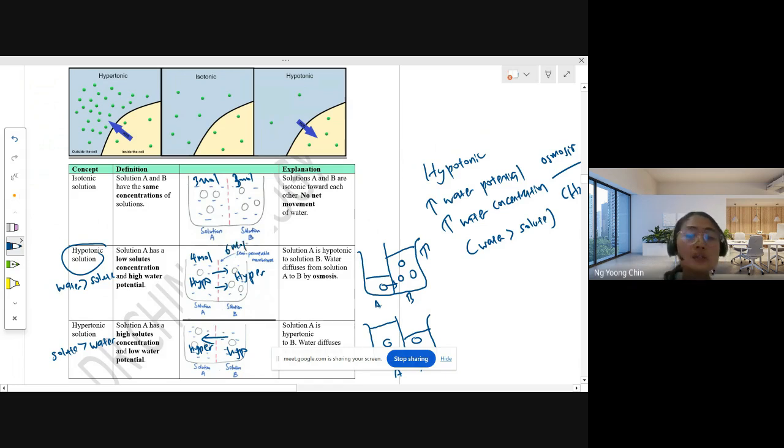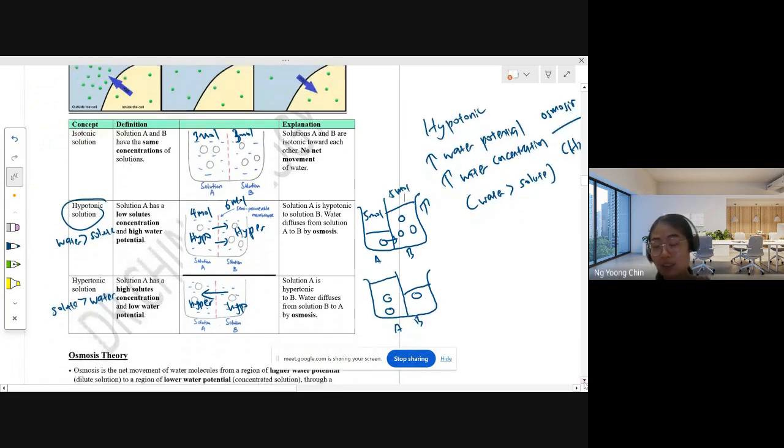So at the end, when you reach the equilibrium, you get about five molarity, and also five molarity. So both regions reach the equilibrium and have the same molarity.